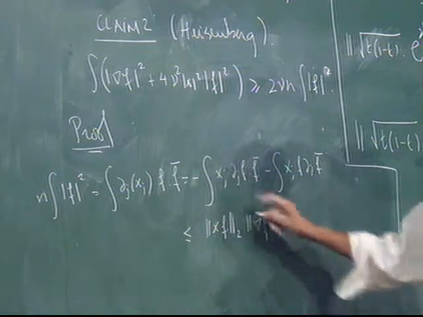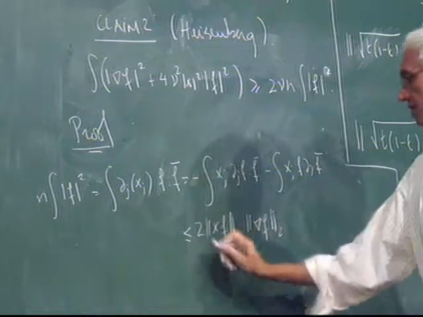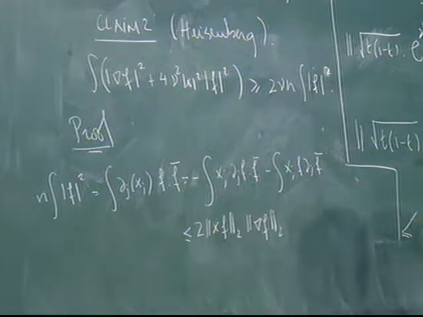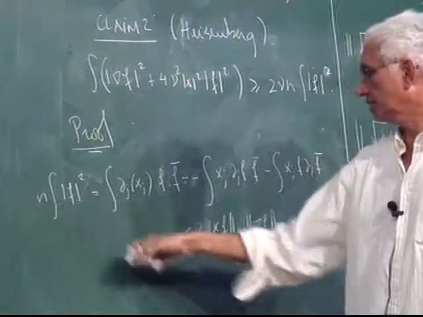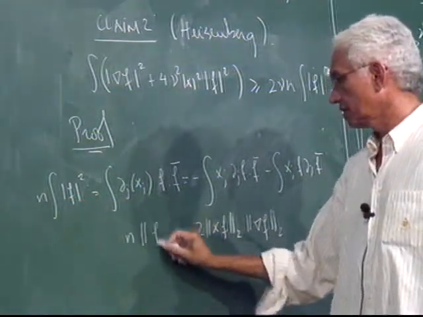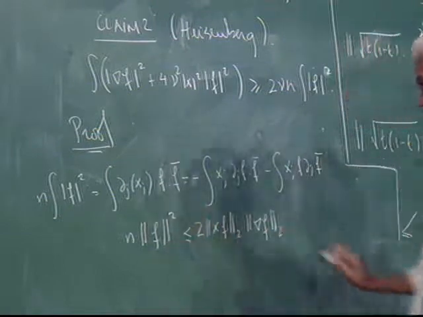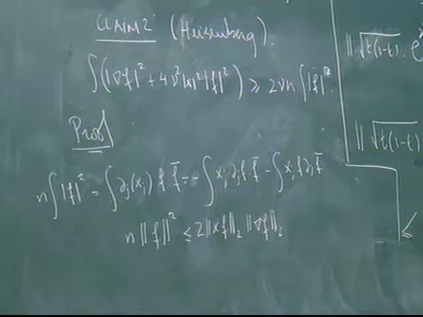Here you have twice, right? Then you have proved that this quantity is less than this. This is the Heisenberg inequality.